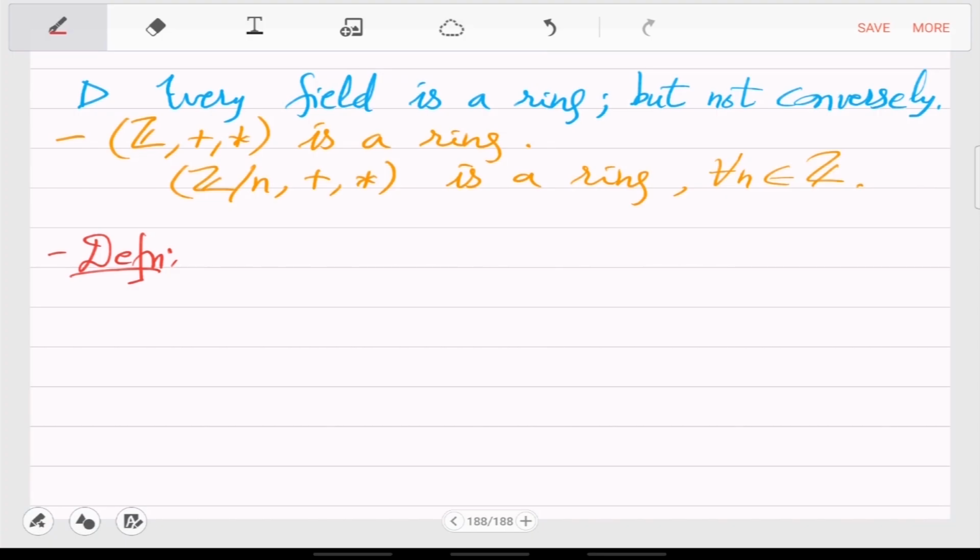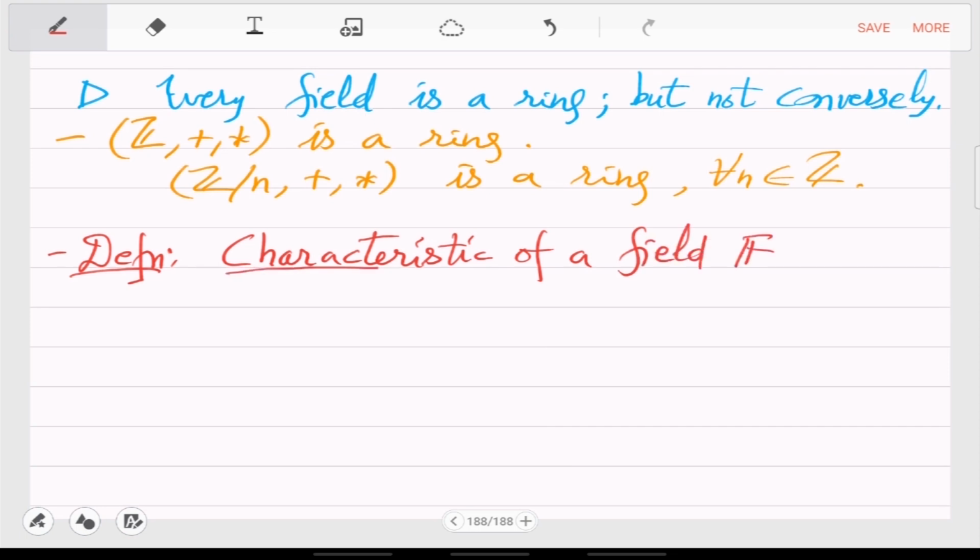So characteristic of a field is what? Have you heard about this term? What is characteristic of a field or a ring?